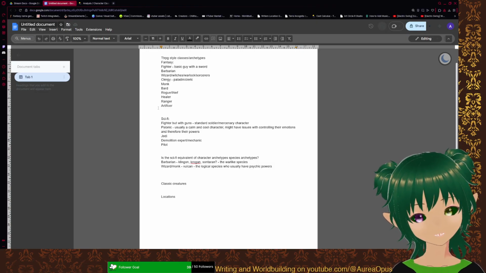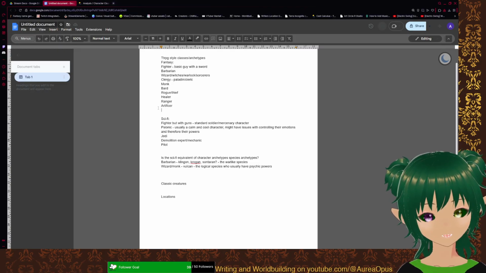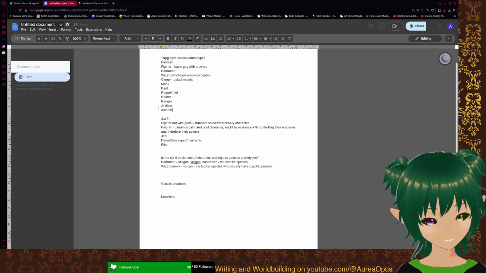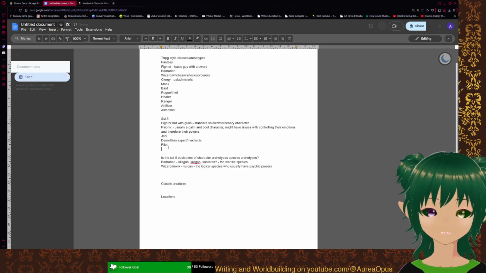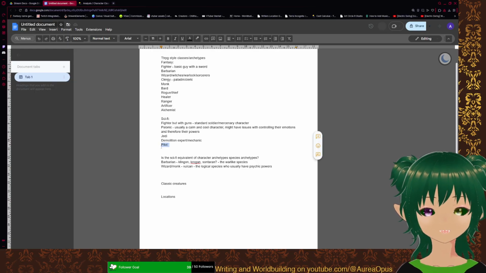Demolitions expert as well, you know, the mad scientist, the goblin tinkerer throwing alchemical brews around the place. Not really a thing in fantasy though, is the pilot, the ace pilot. That's a very big trope in sci-fi.